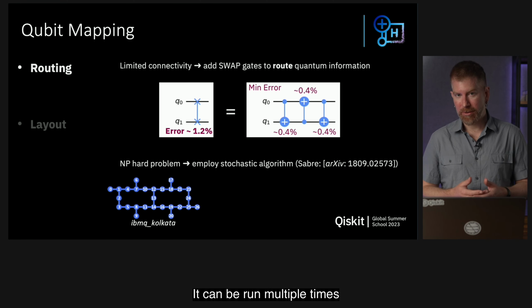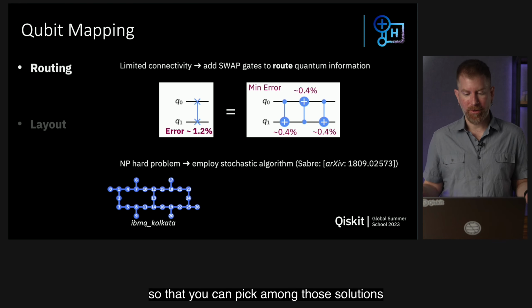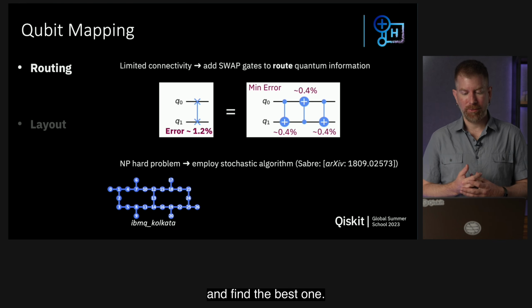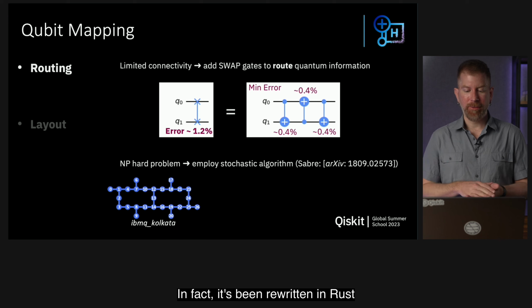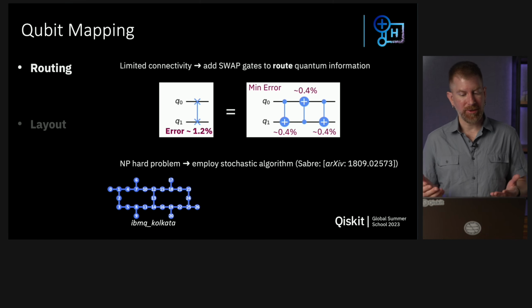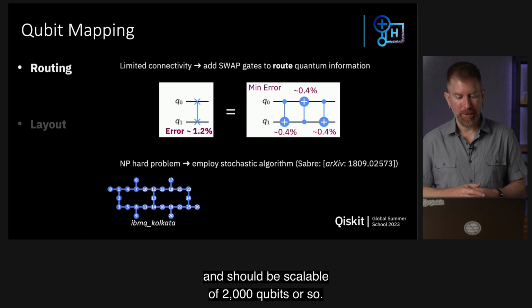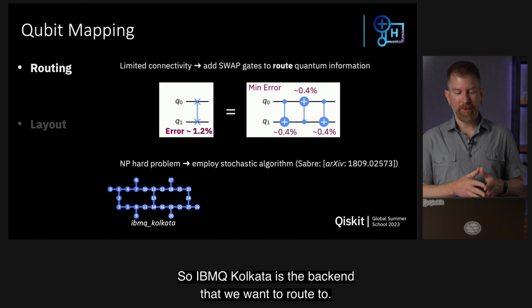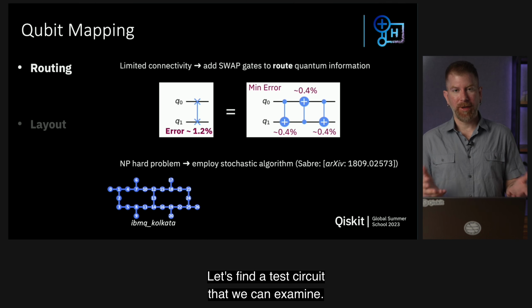It can be run multiple times so that you can pick among those solutions and find the best one. In fact, it's been rewritten in Rust so that it's multiply parallelizable, and it actually runs pretty quickly and should be scalable up to 1,000 qubits or so. So IBM Kolkata is the backend that we want to route to. Let's find a test circuit that we can examine.